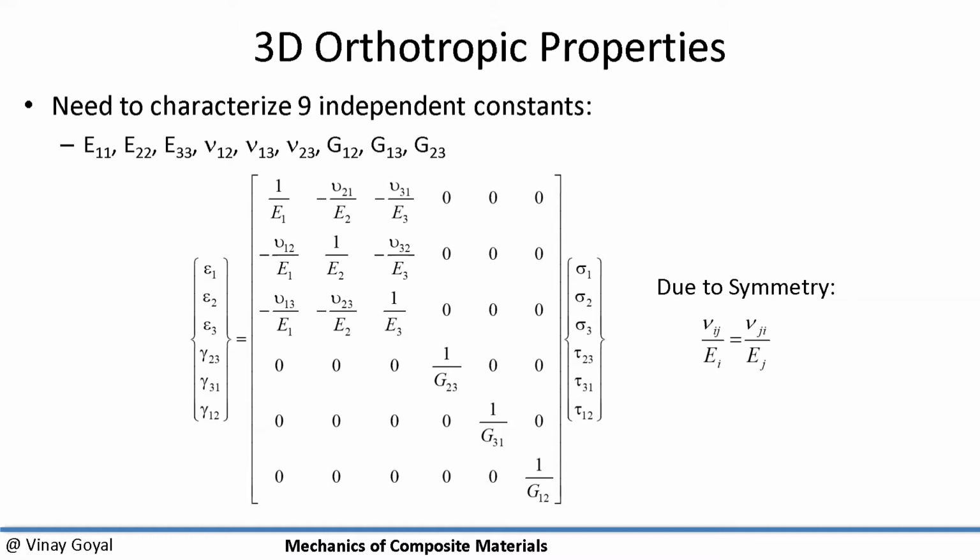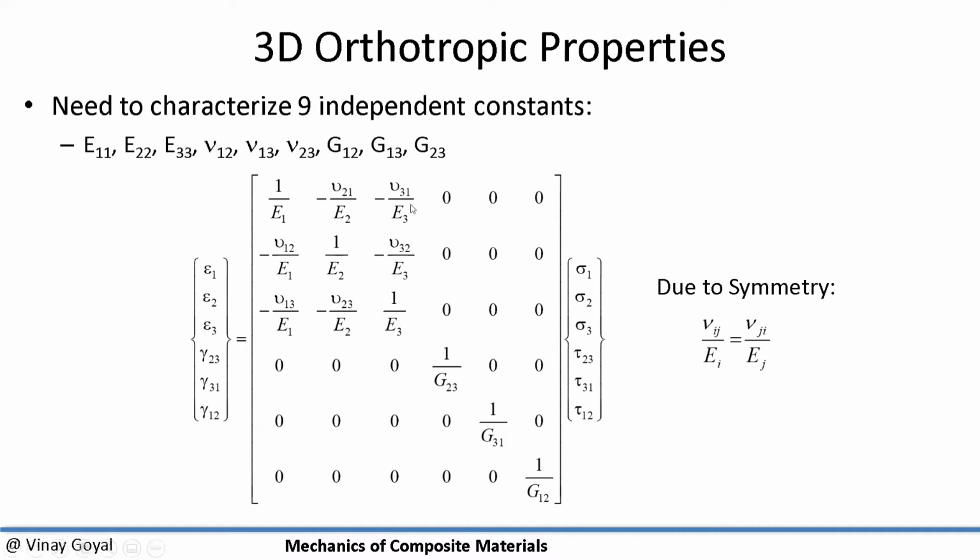And one of the most important things we need to discuss when it comes to composite materials is that the stress and strain are related through this constitutive relationship you see on the screen.